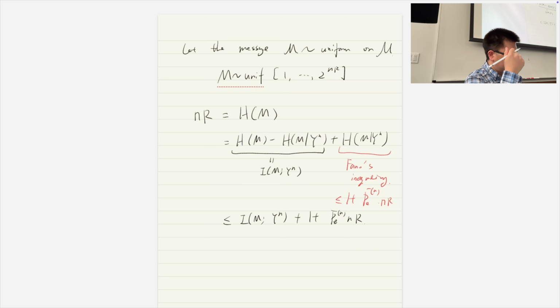Okay, very good. And then remember, from M to X and to Y^n, it follows a Markov chain. Because eventually we want the mutual information between X and Y, can we get something between X and Y?